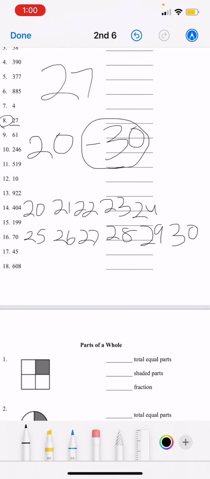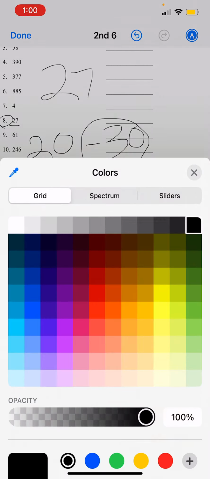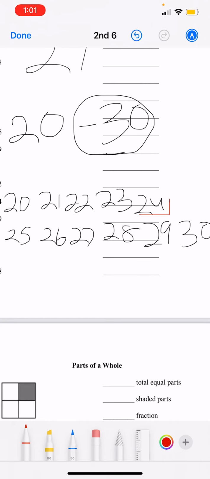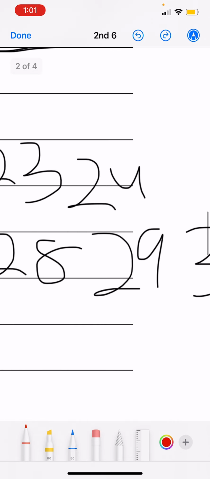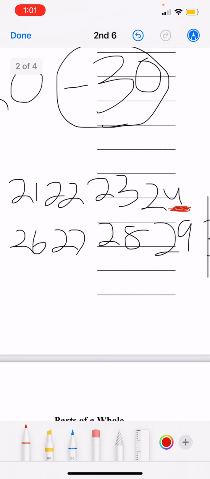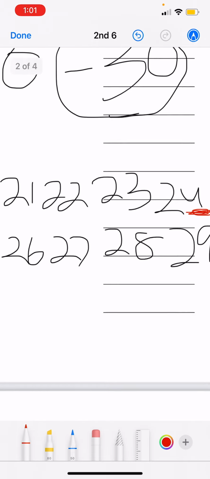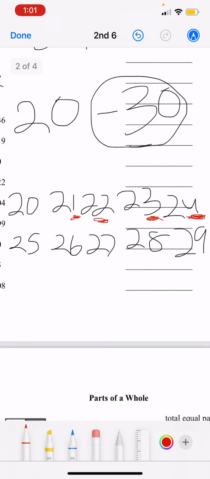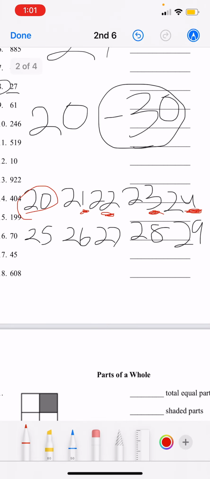Now, when you round your numbers to the nearest 10, this is actually another rule. So, you see 24 here? If the ones place has a 4, 3, 2, or a 1, the number will be rounded to 20.